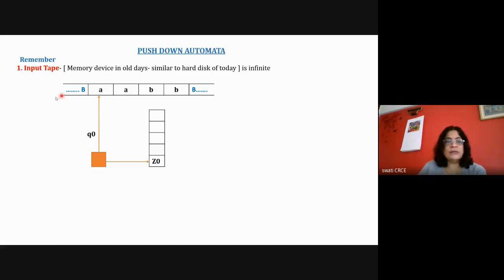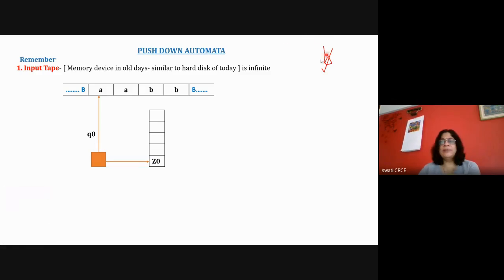Here there is an input tape, and by default on the input tape the blank symbol is stored, and I'm representing the blank symbol by using capital B. But we can also represent the blank symbol as B with a slanted line on it, like a slash on the B. That is also a character used to represent the blank character on the tape.